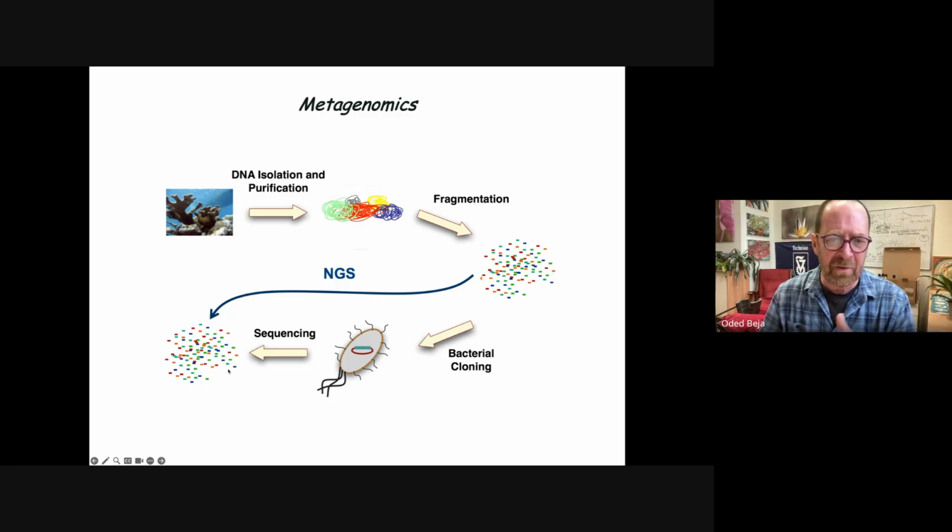Different labs are using different methods. Most of the labs nowadays, also because of the price, are doing direct sequencing of the DNA they extract from the environment. I'm going to show you a few discoveries using metagenomics, and then you'll see that we are now in a better shape to understand microbial rhodopsins.